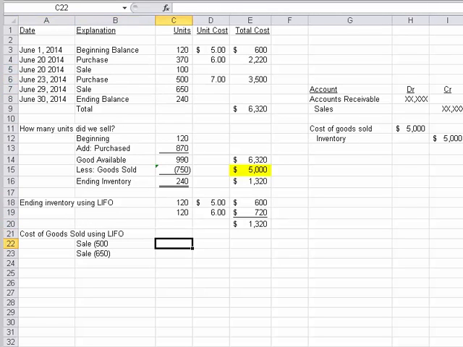We're going to assume those go out the door first. Now we still have to account for 250 more. Of the 500, I've got another 150 to go. So I've got to take 150 out of that 370.